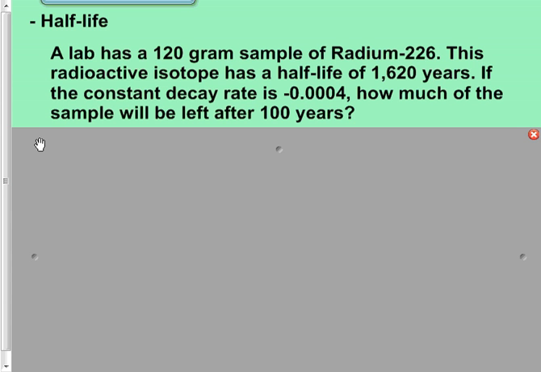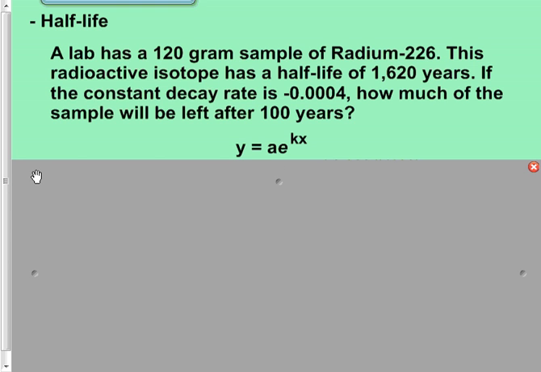Well, 120 grams is not a very large mass. So let's take a look at how much of this radioactive material is still around after 100 years of it hanging around the lab.